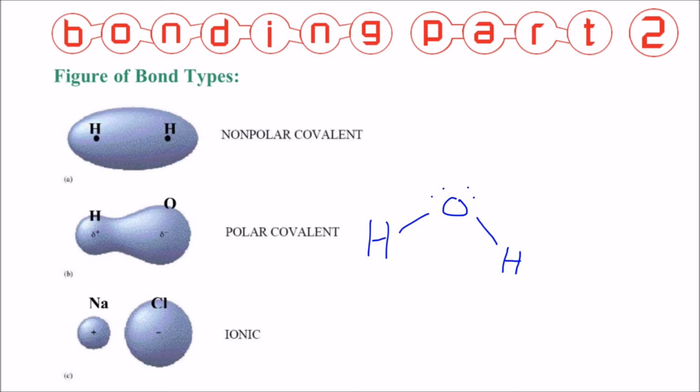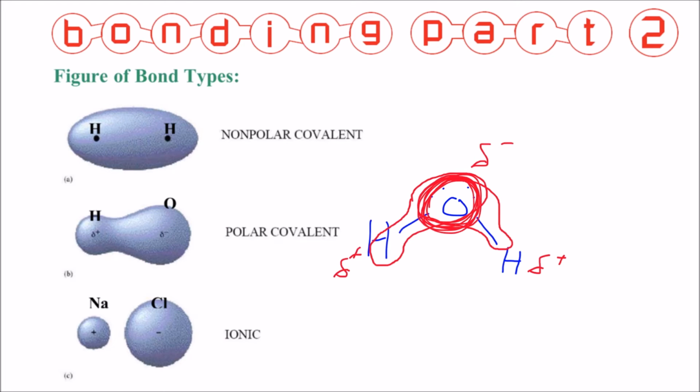So if I was drawing this, I might draw it like that, but I would do it for both of these bonds here. Okay, so the oxygen's got a whole bunch of electrons or density around it, and the hydrogens don't have very much at all. So again, we say that these are partially positive and that the oxygen is partially negative.